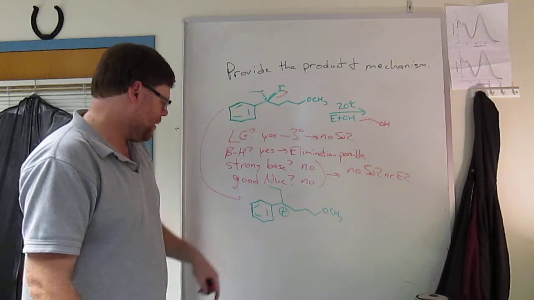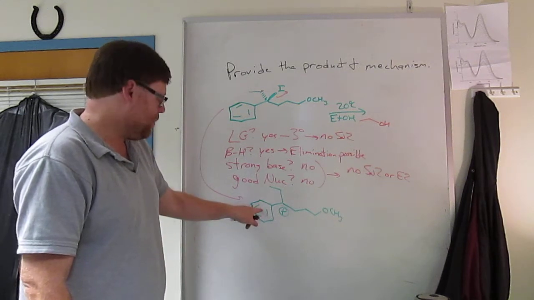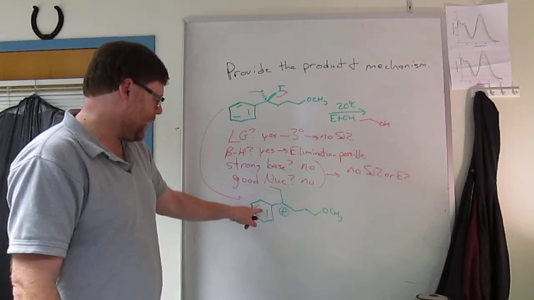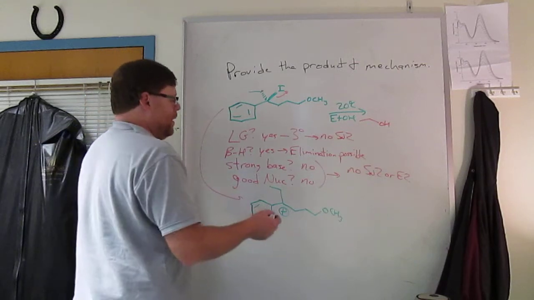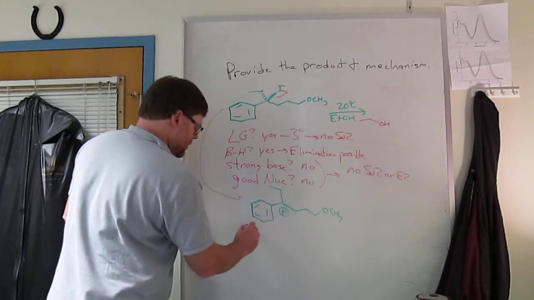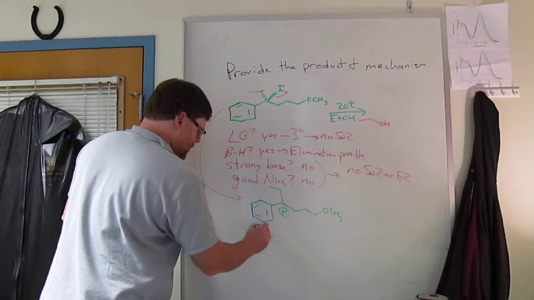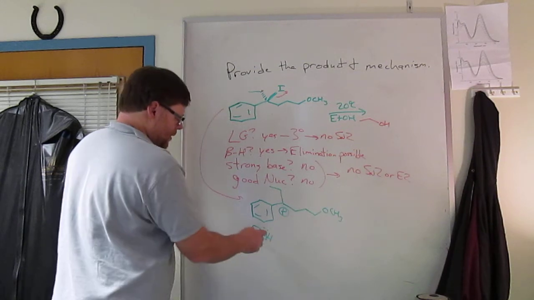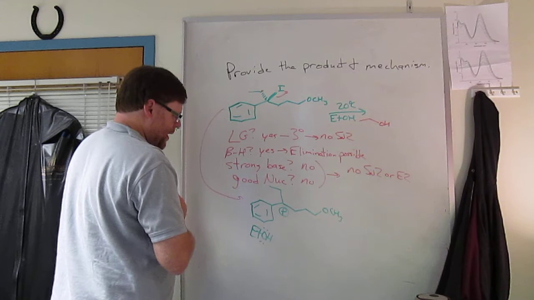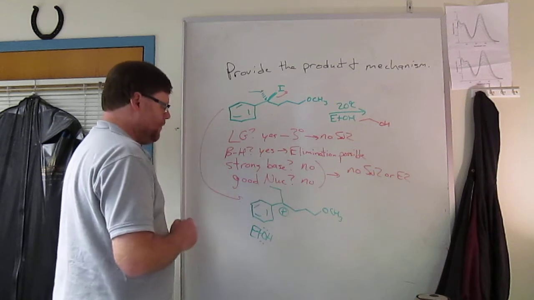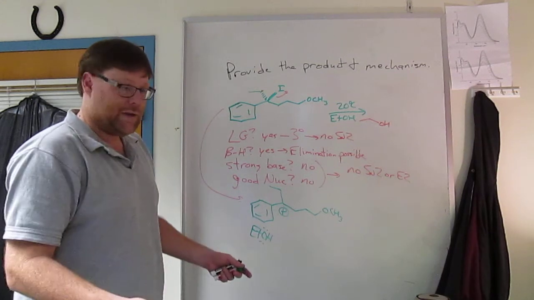Carbon, carbon, carbon around it. It's conjugated to the benzene ring, so it's a benzylic carbocation, so it's quite stable. And then the nucleophile or base, ethanol, can either come in and attack the carbocation, or it can grab a beta hydrogen. And now the question is, which is it going to do?